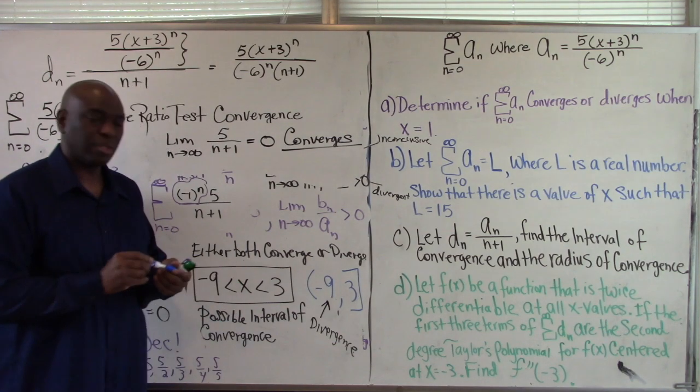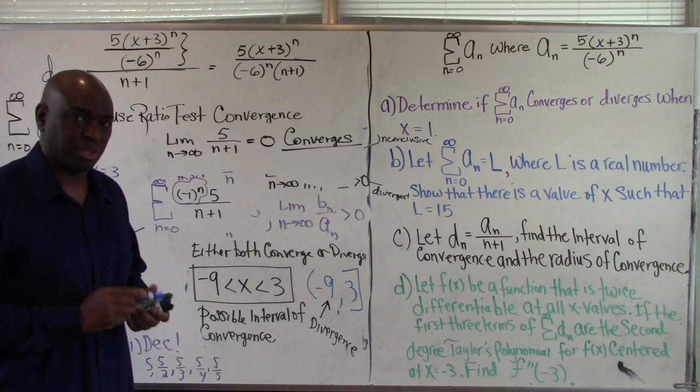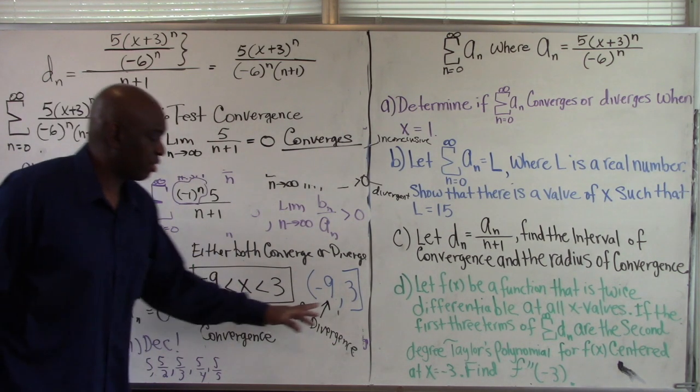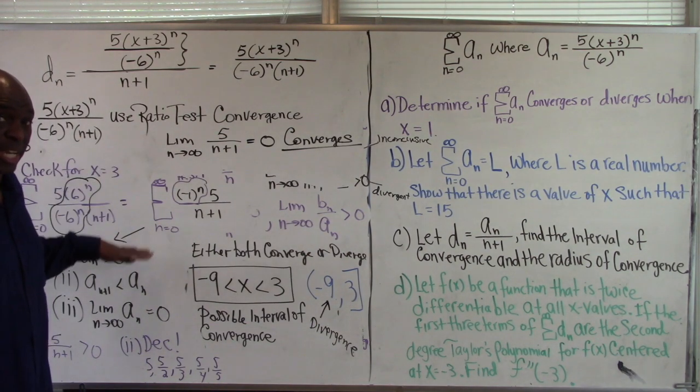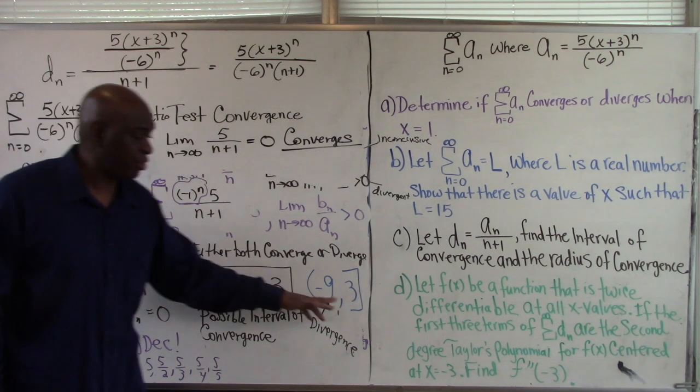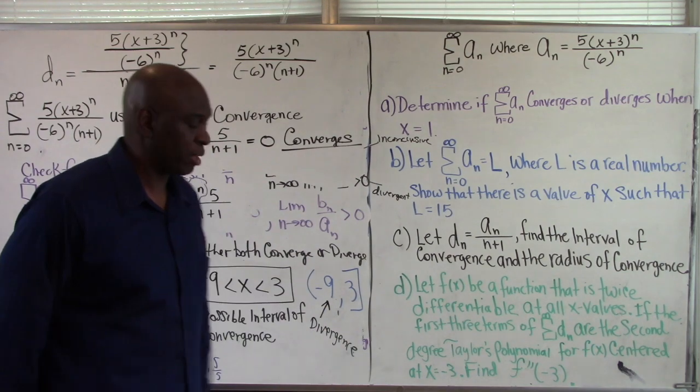There you go. The 3 has to be inclusion, right? Because when you take the 3, plug it in, and you test it, we get convergence. So we have to include the 3.